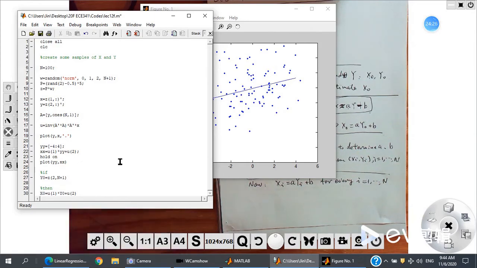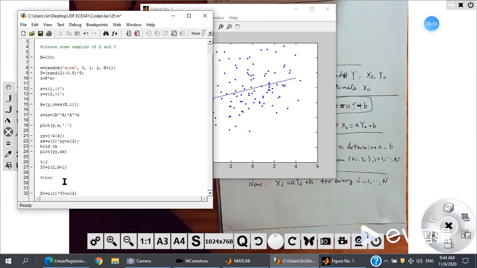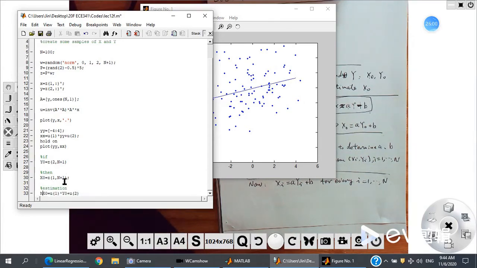Okay, suppose this is y00. Alright. Y00 is this one, then x0, and we have our x0 is z1 at n plus 1. Right? This is y x0, but our estimate, I say this is hat of x0. It is u1 times this one.